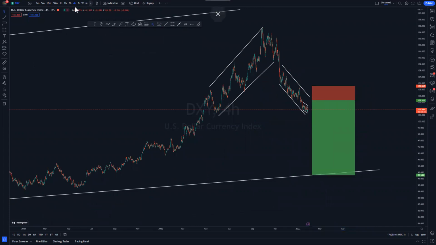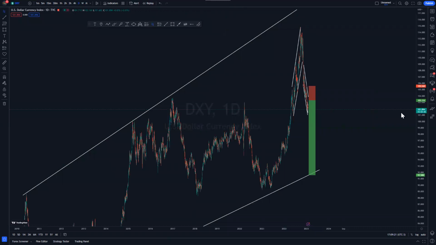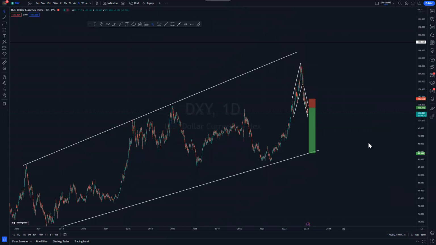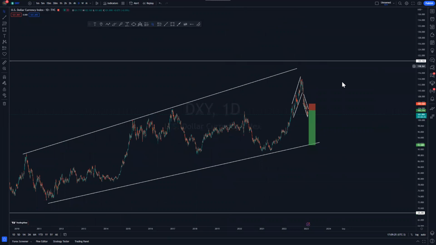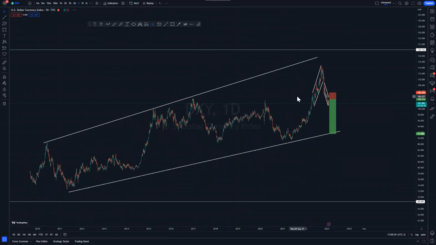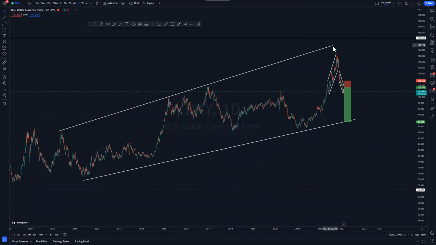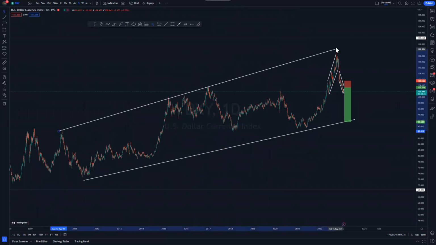Even if I go to the daily time frame, you'll see that price has touched that level. Price touching that level has to give you something. At the end of the day, you'll have a setup like this.